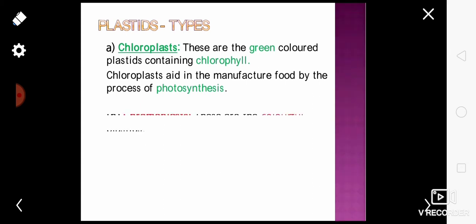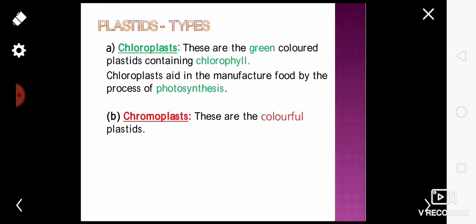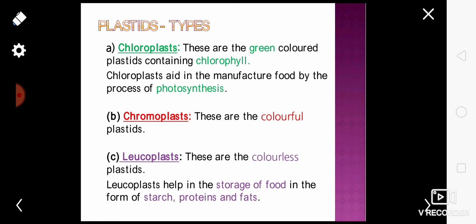Then second one, chromoplast. Chromoplasts are the colorful plastids. And the last one is leucoplast. Leucoplasts are the colorless plastids. The main function of leucoplast is storage. Storage of food is the main function of leucoplasts.